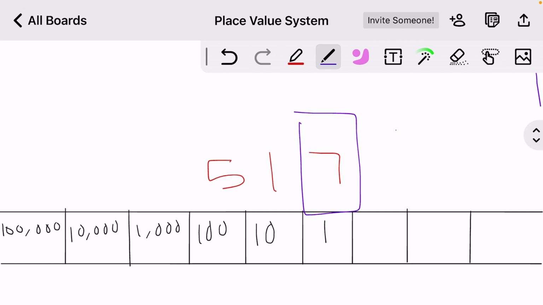That digit is going to be from 0 to 9. Let me draw it the other way. In the ones place, you can only put a symbol or a picture from 0 to 9. You can use 0, 1, 2, 3, 4, 5, 6, 7, 8, or 9.